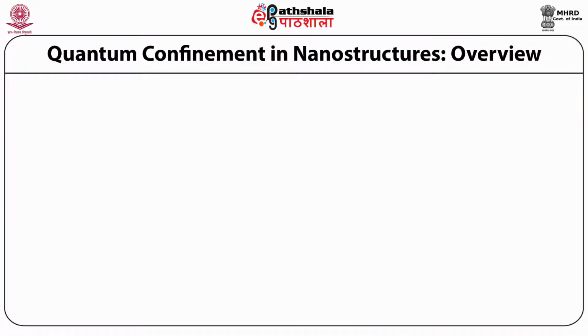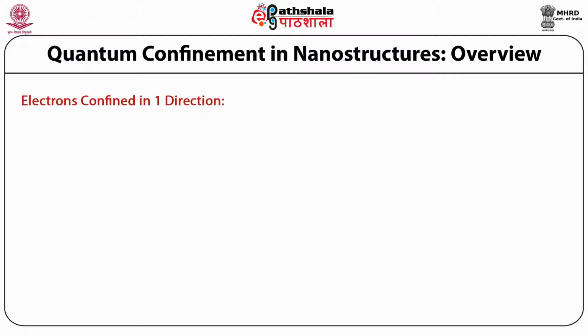As a result, the electronic, electrical and optical behavior of the carriers are governed by quantum mechanics along 1 dimension, 2 dimensions and all the 3 dimensions in a quantum well 2D, quantum wire 1D and quantum dot 0D respectively. Quantum confinement in nanostructures: an overview of it.